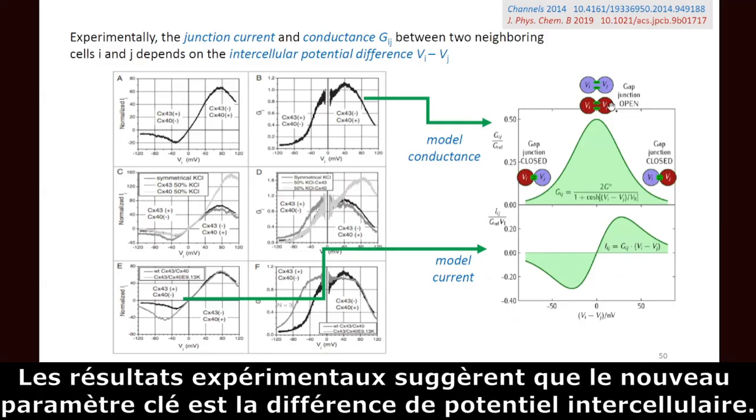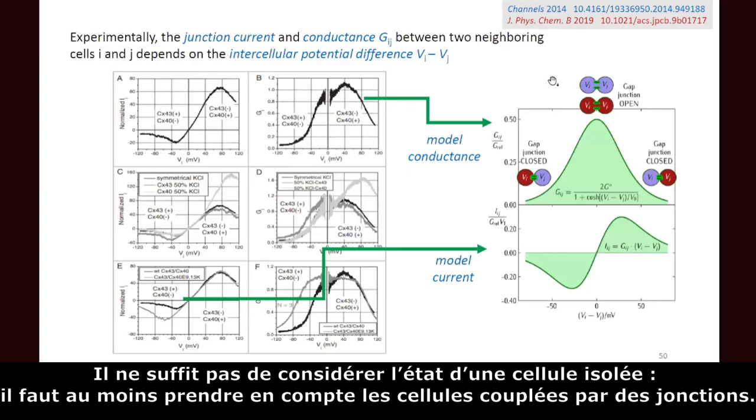These experimental results immediately suggest that a new key parameter is the intercellular potential difference between two neighboring cells. It is not enough to consider only a single cell state. We should consider at least cells that are coupled with junctions between them.